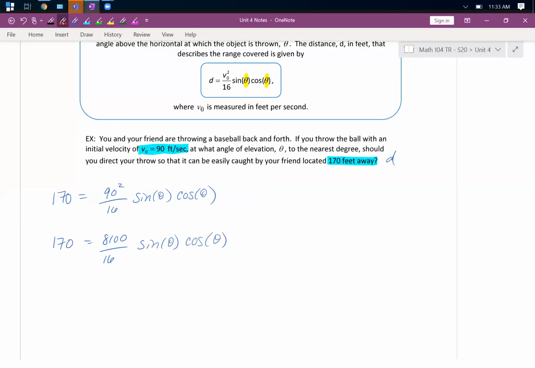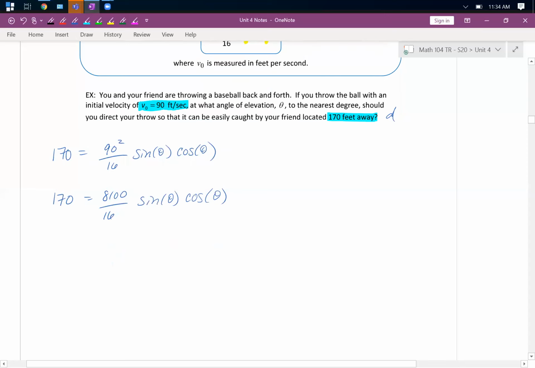I see two of them on there. I see my double angle formula for sine. It says 2 sine cosine. Here I have the sine cosine. I could probably get a 2 out of that fraction. Or we have our product to sum identity that tells us that when we have sine times cosine, that's 1/2 sine of a plus b plus sine of a minus b. So we can use either one of those equations to help us get down to a single trig function.